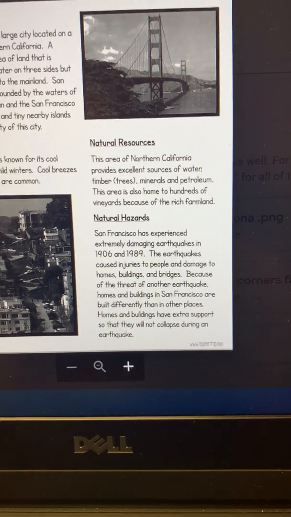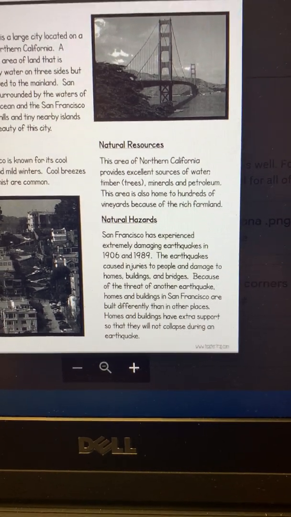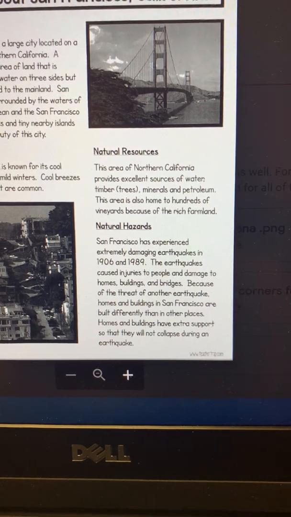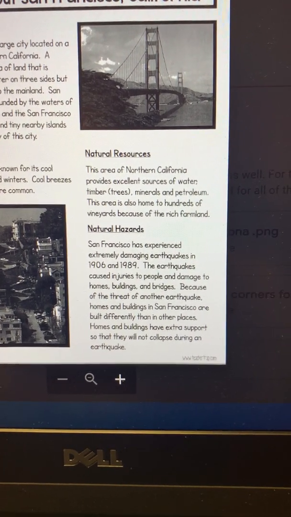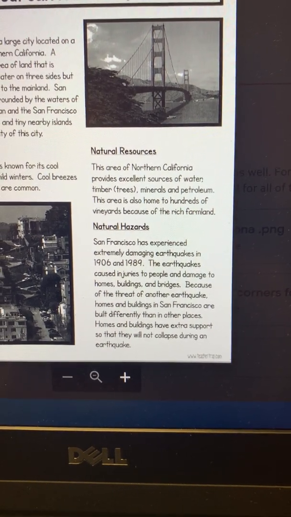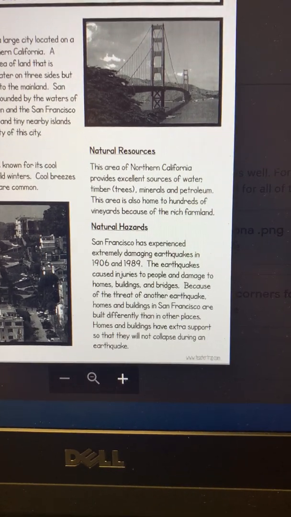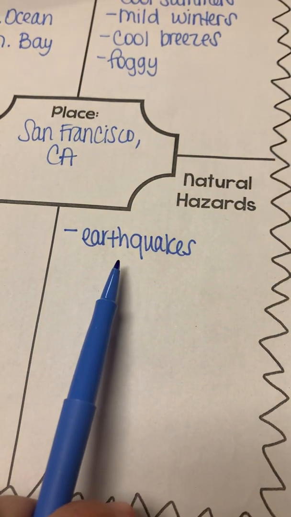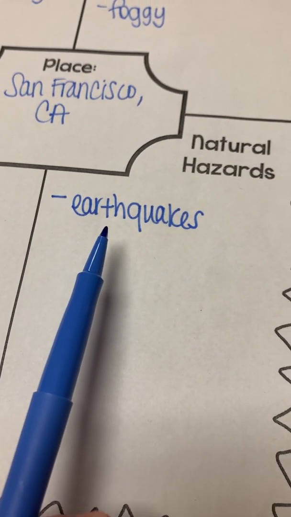That's called an adaptation, when they have to change the way that they build or do things in case another earthquake happens. Homes and buildings have extra support so that they will not collapse during an earthquake. So I'm going to make a connection, okay? First of all, I wanted to show you that I just wrote earthquakes because that seems to be the one that they speak to the most.